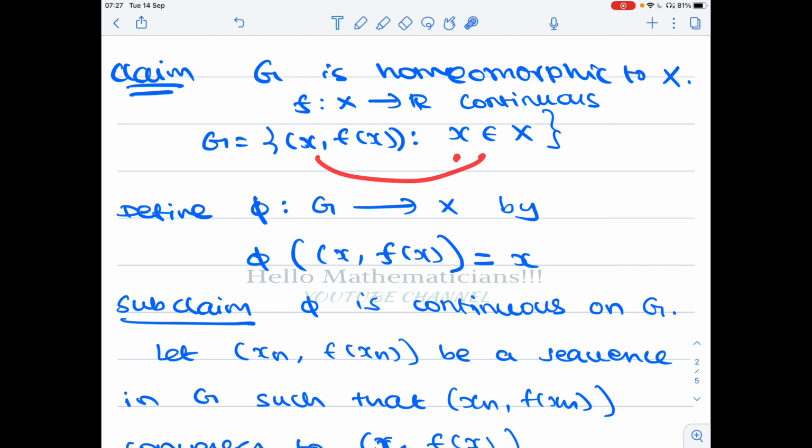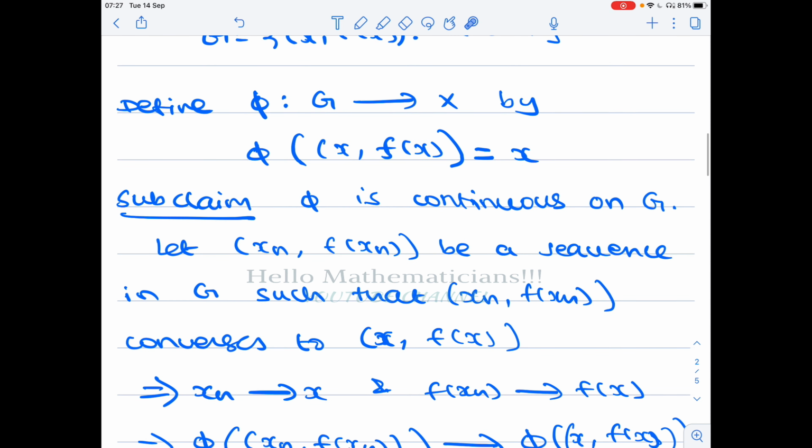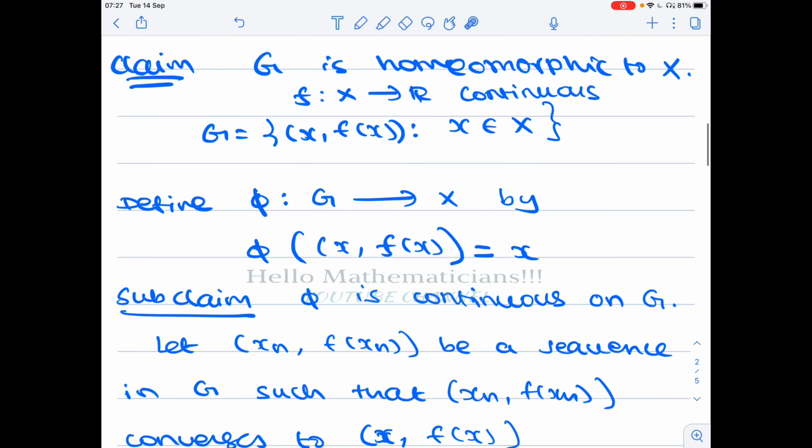Note that x belongs to X, so this is a well-defined function from G to X. We claim that this is a continuous function. If you know some topology, it is easy to see that this function is continuous because this is the projection onto the first coordinate. Now G is a metric space, X is a metric space, R is a metric space, so their product is also a metric space in the product topology.